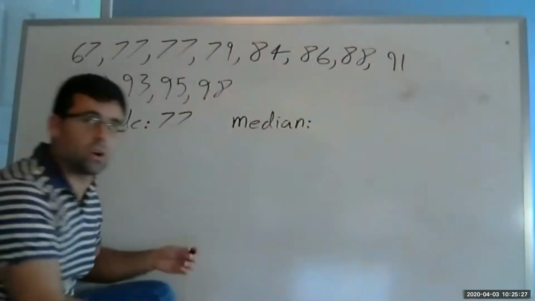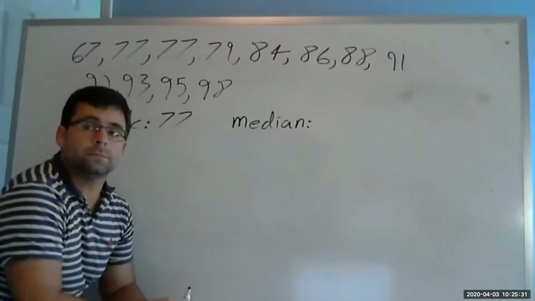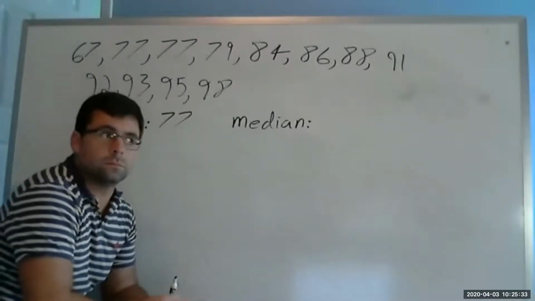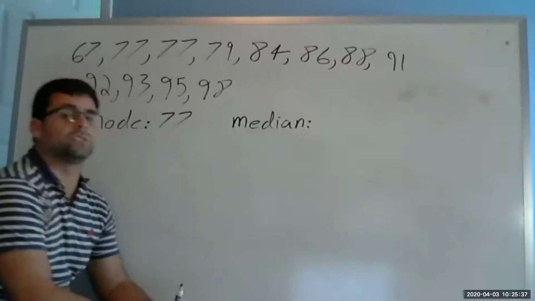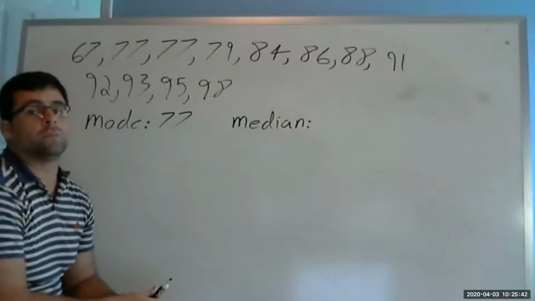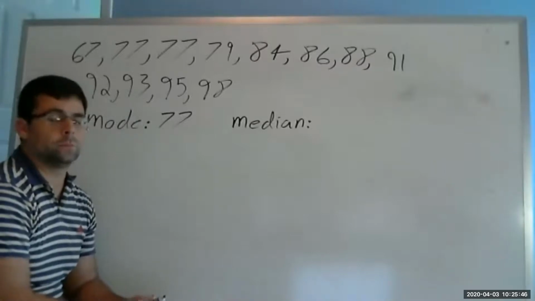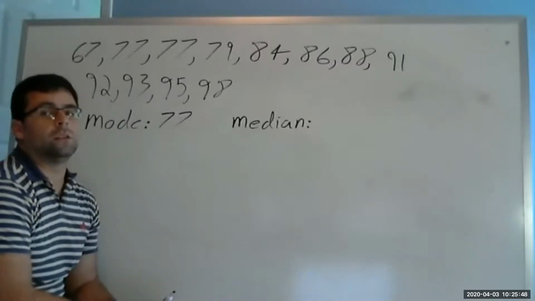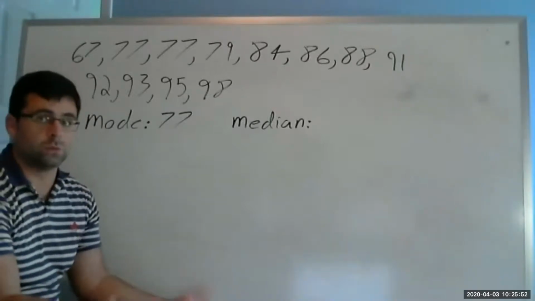So how many numbers are there in the list? We said there was 12 students. So you add the two middle numbers together. The way you do it is you divide the number of students by 2.